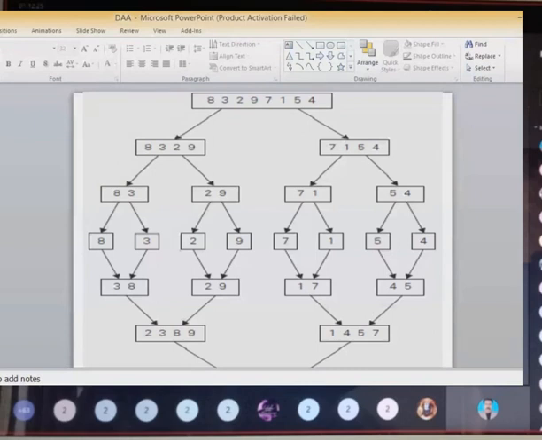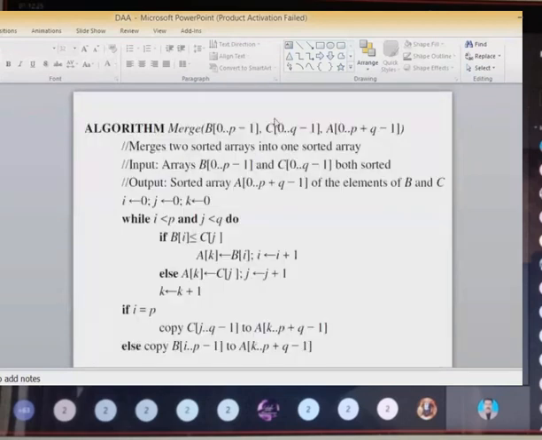Next, see, the next pseudocode is to combine. The name of the first pseudocode is merge sort. Now the name is merge. The inputs are two sorted arrays, B and C. Combine the values of B and C into the A array.